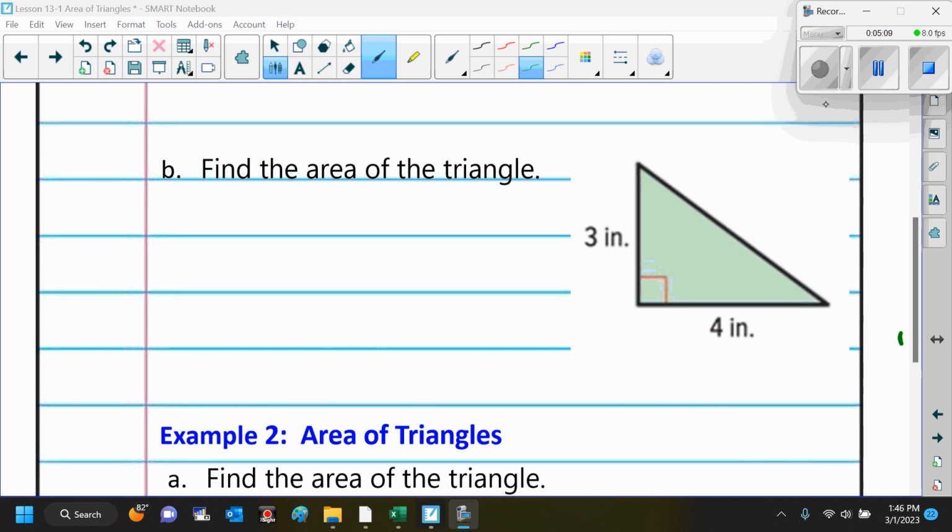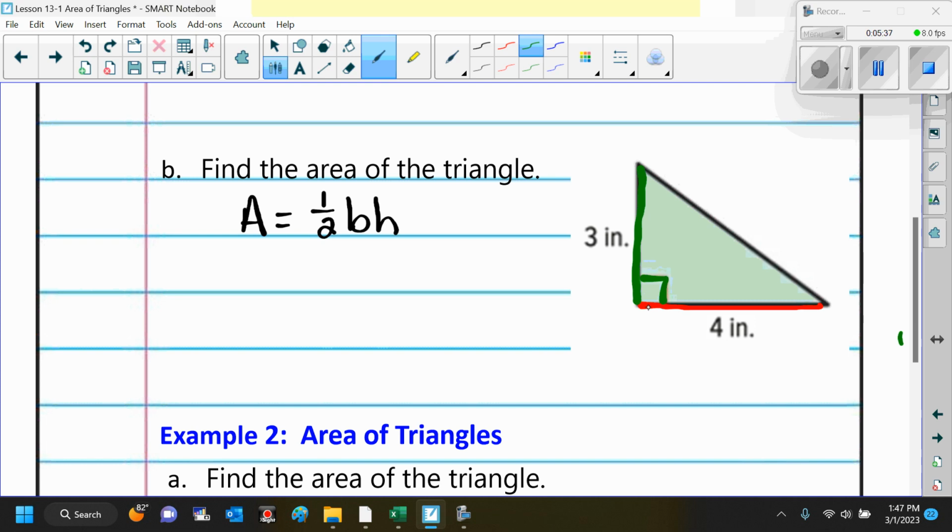All right, so let's take a look at this next example that you finished with your table partners. So we have the area of this triangle. Okay, and again, we're going to write the formula. Area is equal to 1/2 base times height. And again, here's the base, and here's the height.